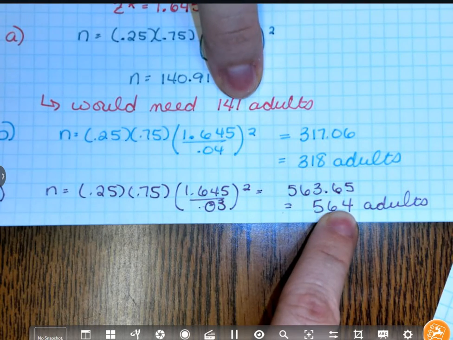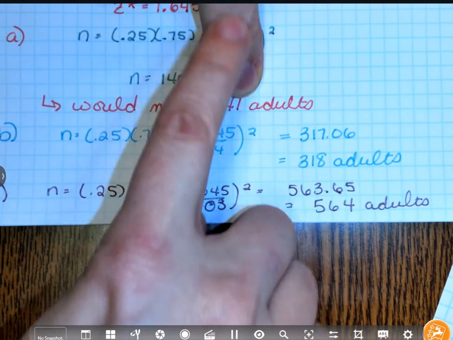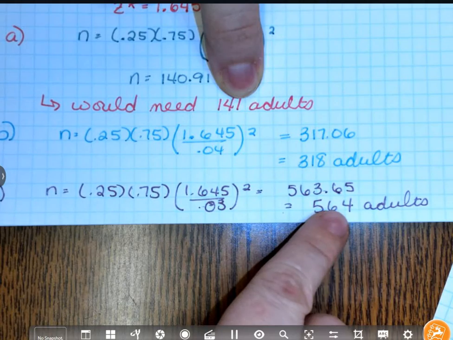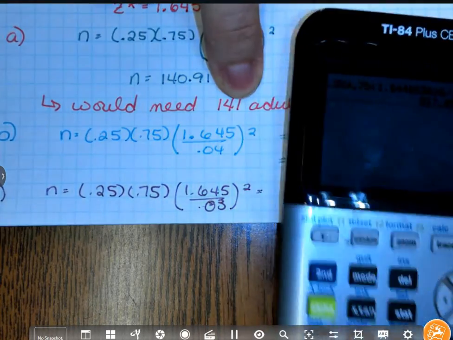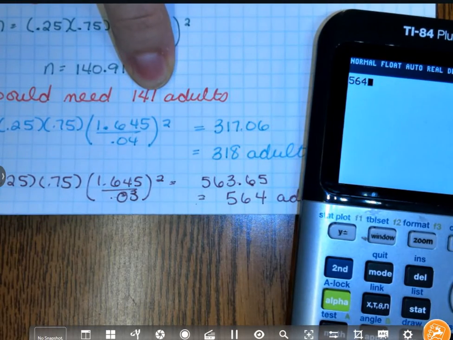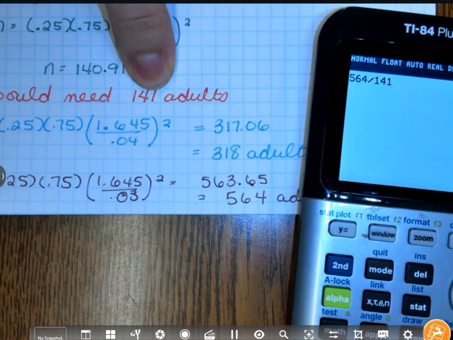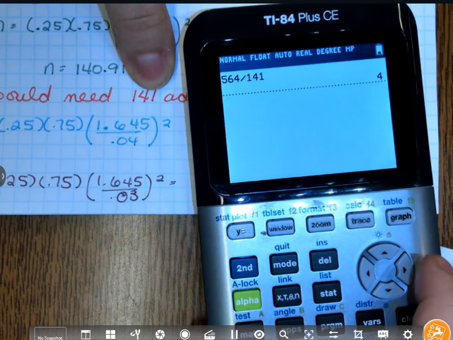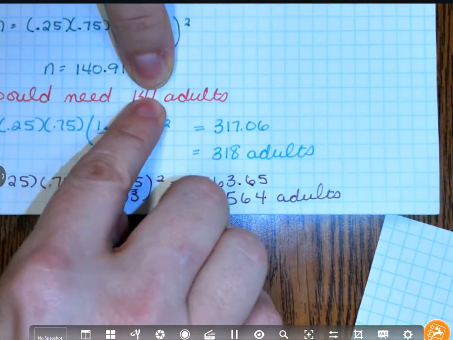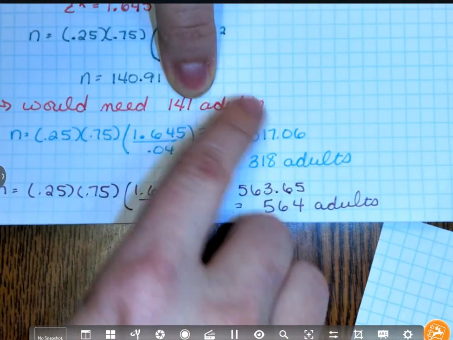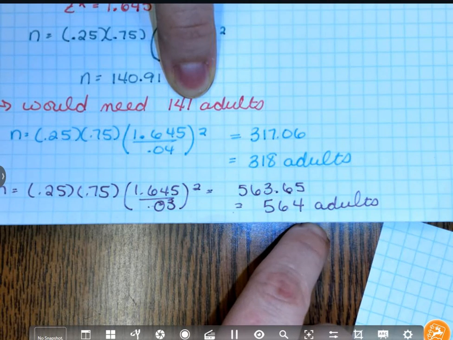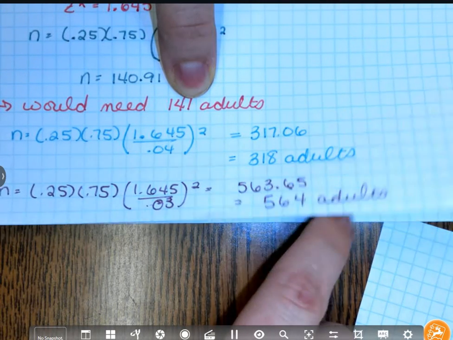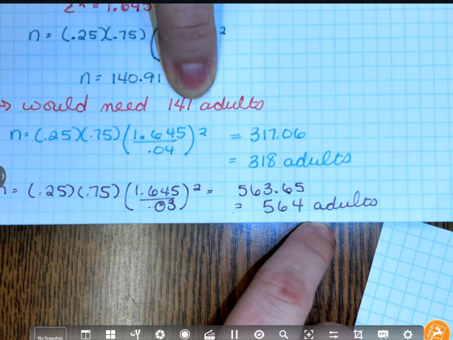I halved my margin of error. Is this times 2 this? That's it times 4. And if you don't believe me, 564 divided by 141 is 4. So halving the margin of error, I went up to 4 times the sample size.